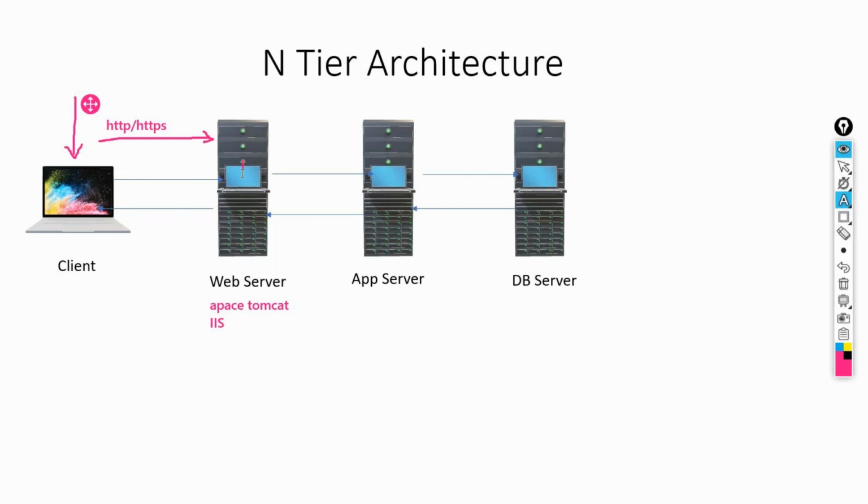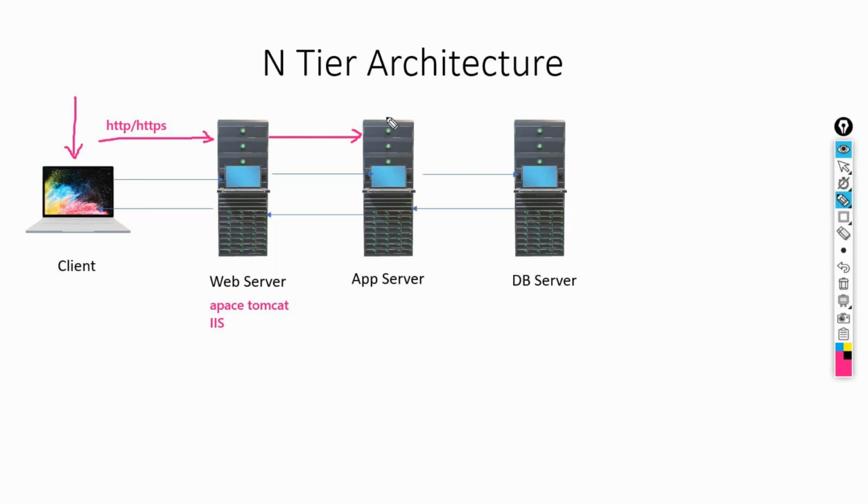Everyone understood? You hit a link, you open the browser and you see an HTTP or HTTPS link on the browser UI, right? So an HTTP or HTTPS request will go to the web server, and that web server will simply forward that request to the app server.